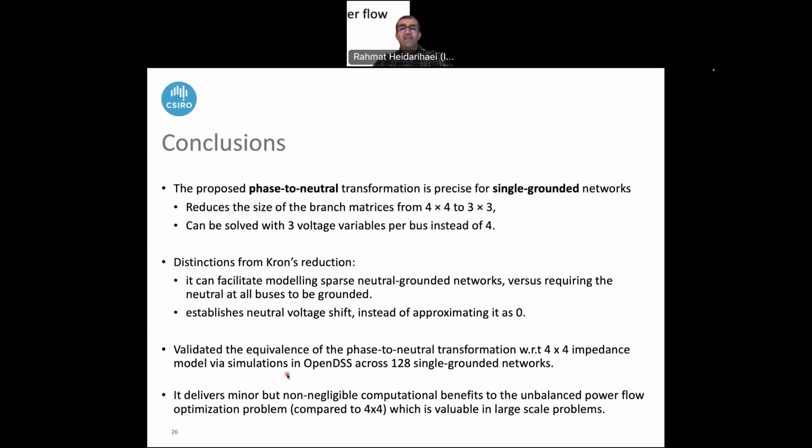We then validated the equivalence of the phase to neutral transformation with respect to the 4x4 impedance model via simulations in OpenDSS across 128 single grounded networks. This transformation delivers minor but non-negligible computational benefits to the unbalanced power flow optimization problem compared to the 4x4 impedance model, which is valuable in large-scale problems.